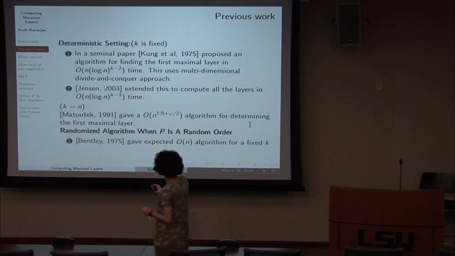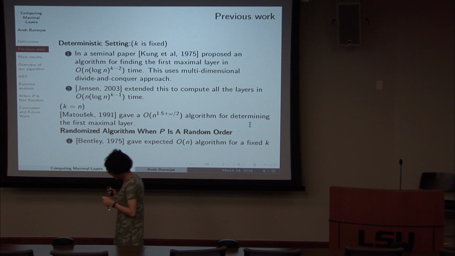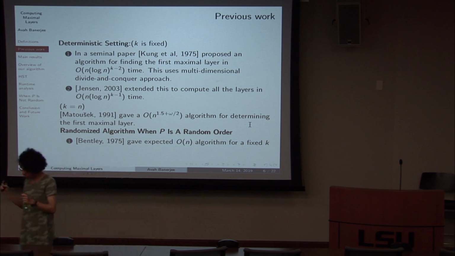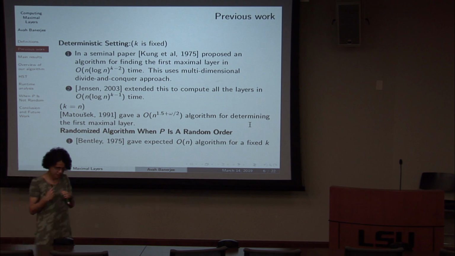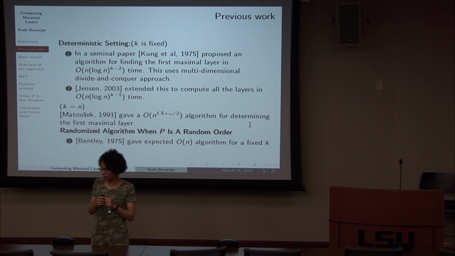And as you can see, this result has a k here, so it can grow quite quickly if k is large. We want to avoid this, because think of it this way. If I compare all points with each other, can we, in order n squared comparisons, compute all the layers?